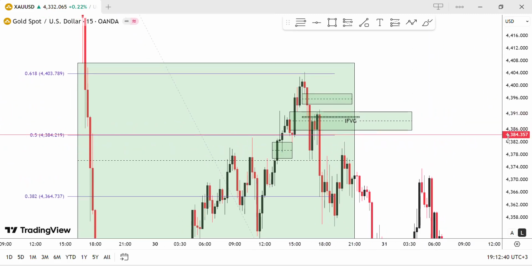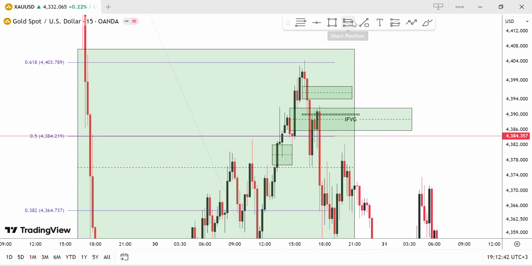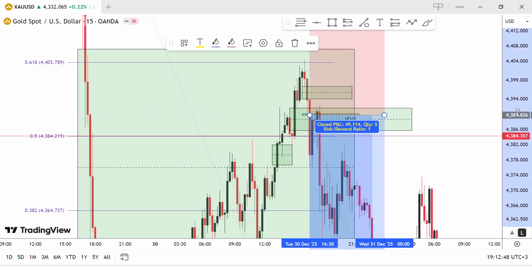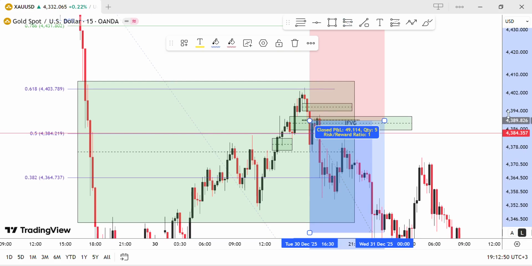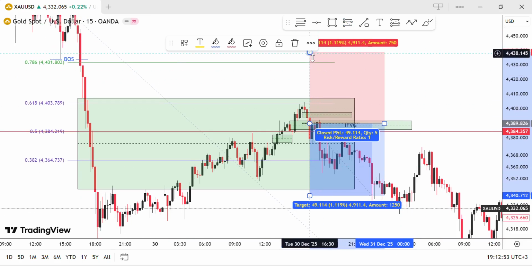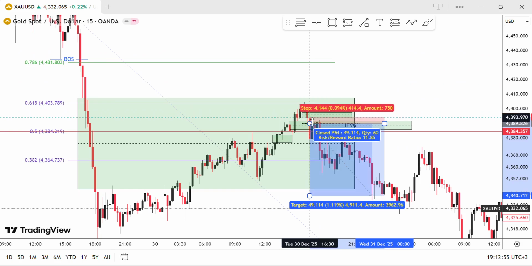So when you use that smaller one, we have to put our entry here at the beginning of that fair value gap, and then we push our stop loss to somewhere here.